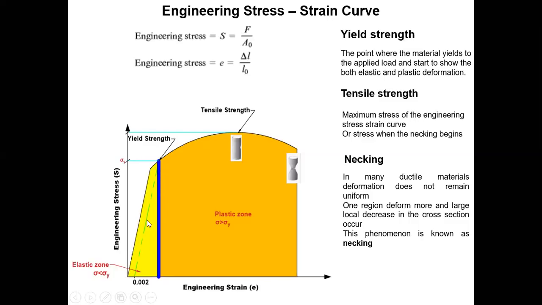So you extend that line, and when it touches the curve, that point we call the yield strength or 0.2% yield strength. And this region we call elastic region. Right? This region we call elastic region.